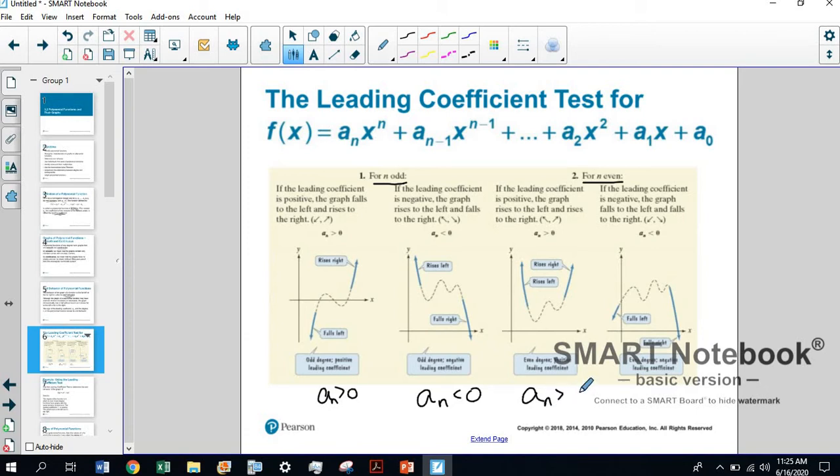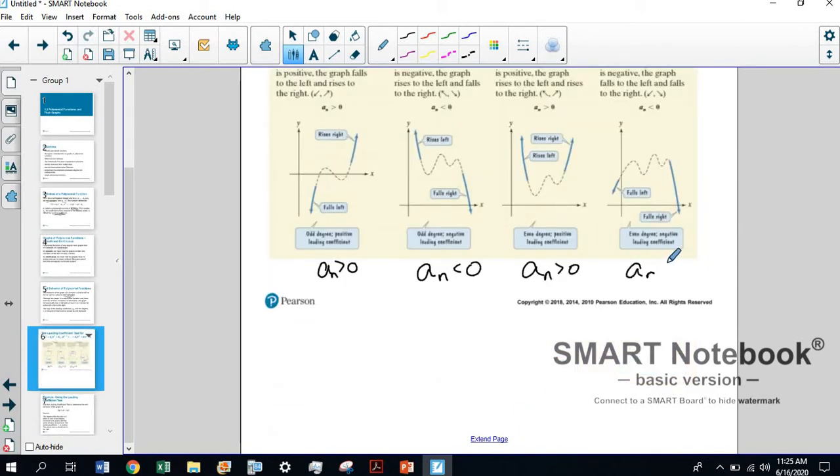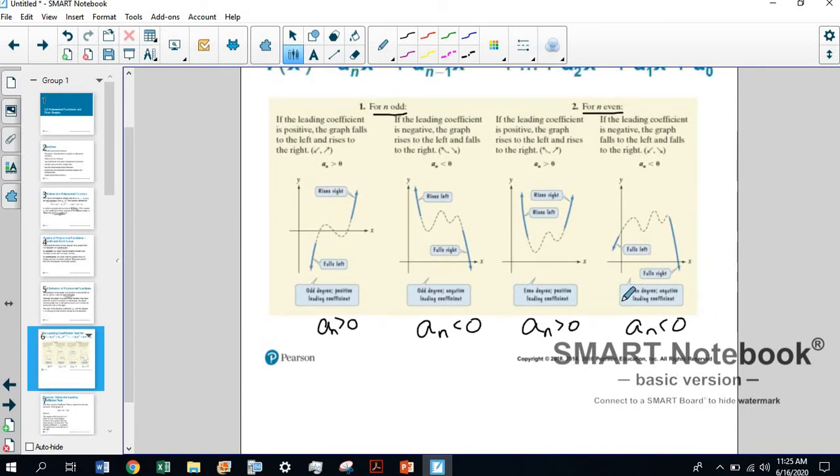When the leading coefficient is positive, you go up to the left and right both for an even function. And when the leading coefficient is negative, you go down to the left and right for an even degree. So the way I remember it is odd is opposite, and then positive means up to the right. And if you can do that, you've got it down.